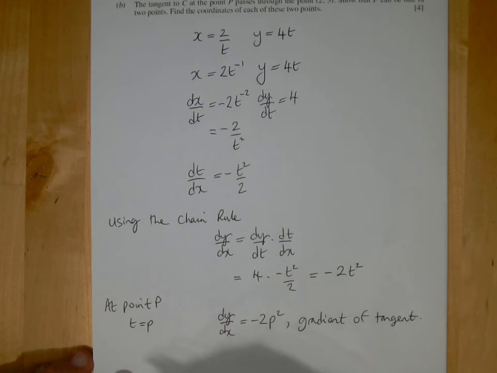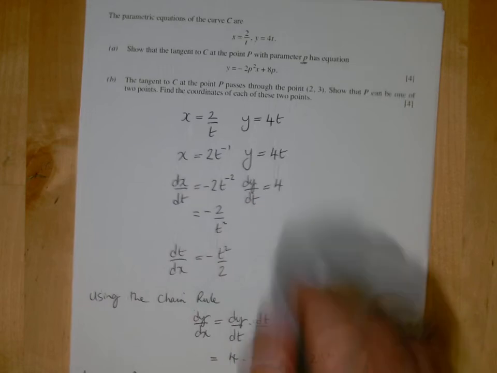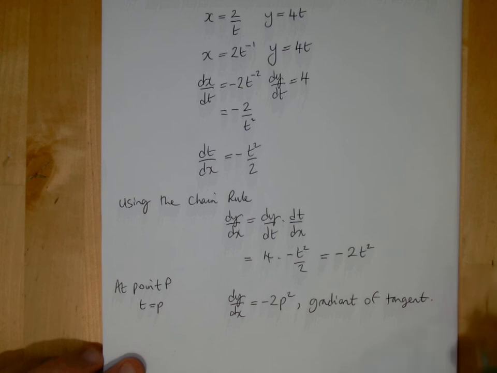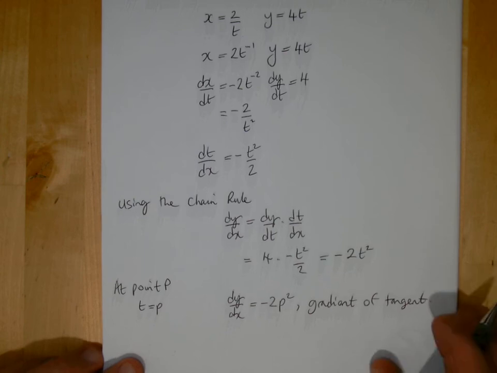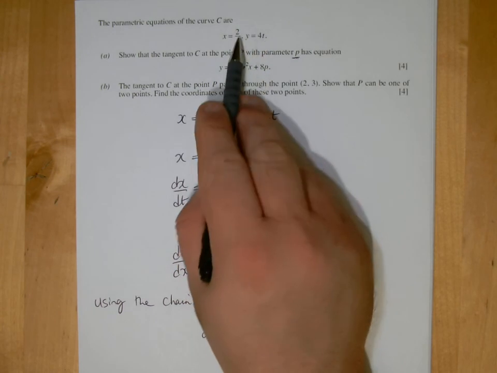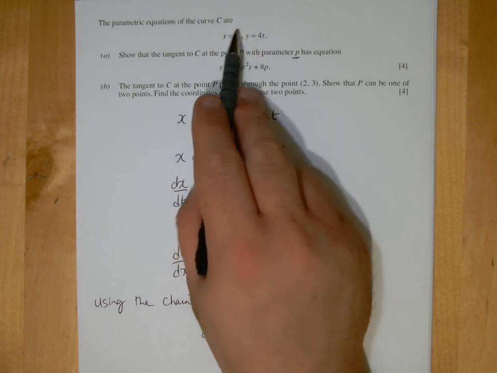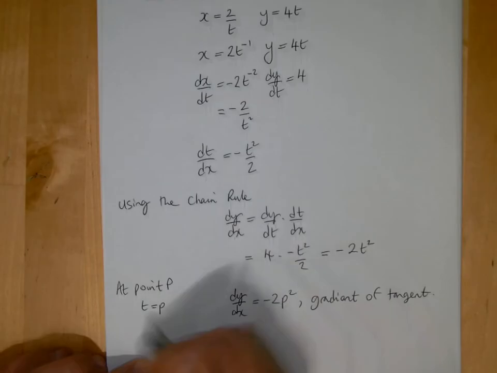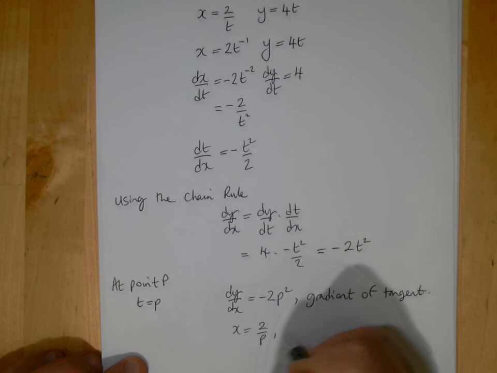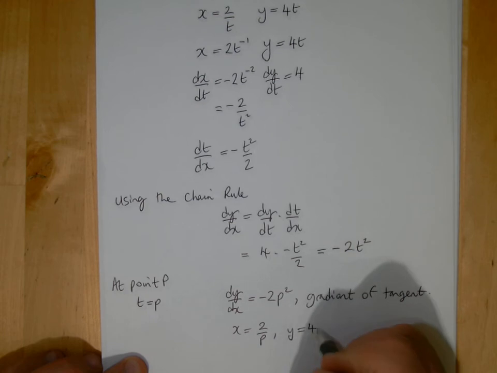Now to get the equation, because that's what the question wants, yeah? Show that the equation, to get the equation we need a point as well, don't we? And the point, of course, we'll get by using the x and y values. So remember, back at the top, x is 2 over t and y is 4t. So x will be 2 over little p, because t is equal to p. And y is 4t, so that'll be 4p.